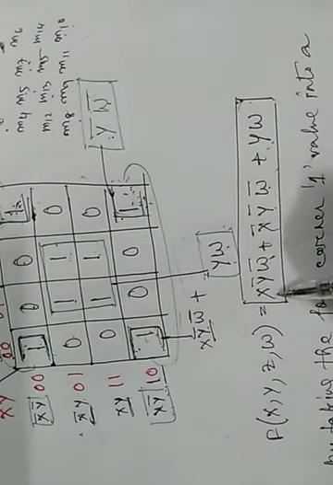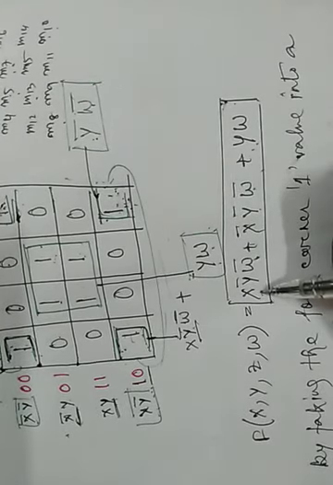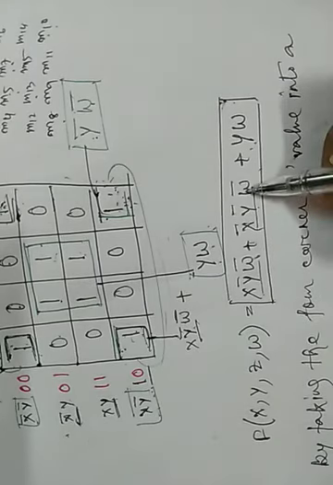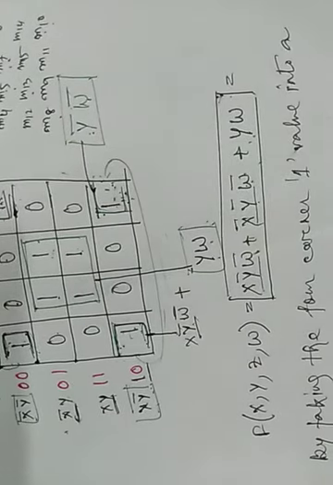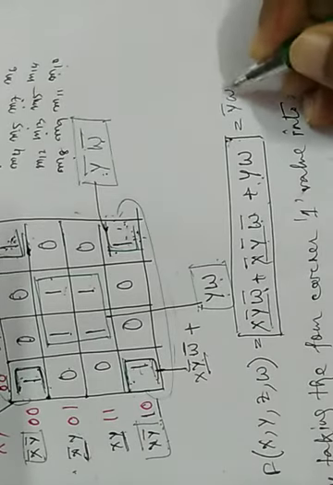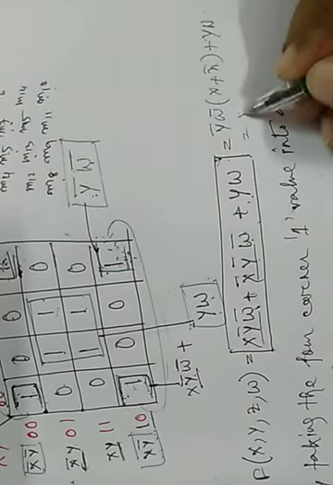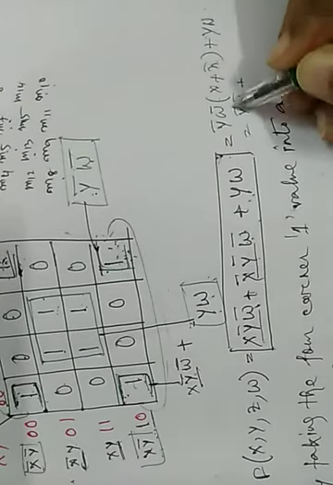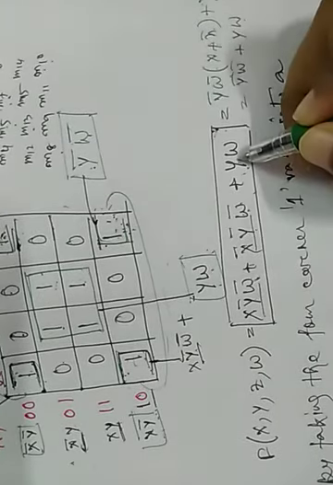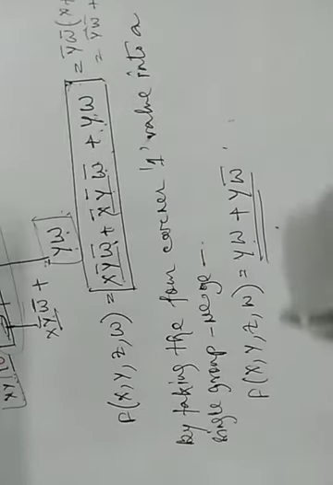You can see that from these two values we can take y bar w bar common, and by taking y bar w bar out, it is x plus x bar plus y w. So x plus x bar means 1, so y bar w bar plus y w. So the previous one is not the least simplified form. The least simplified form is this one.